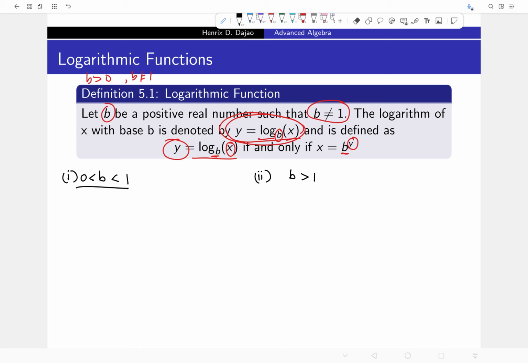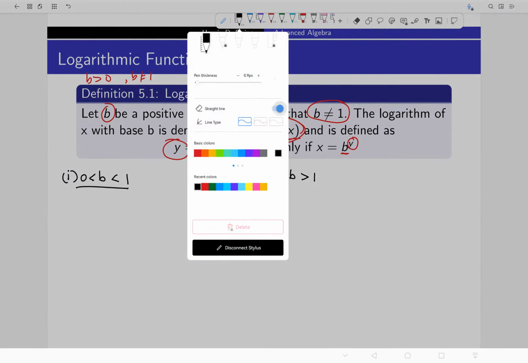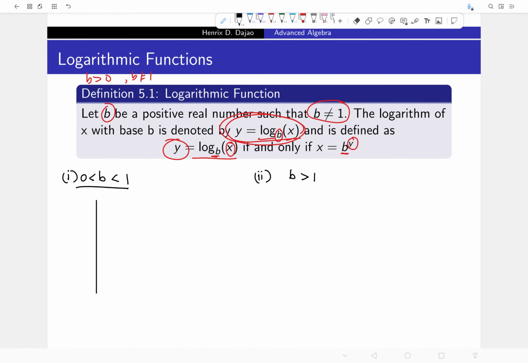The graph of the function f defined by f of x equals log of x with base b, where b is greater than 0 but less than 1, looks like this. The x-intercept is 1.